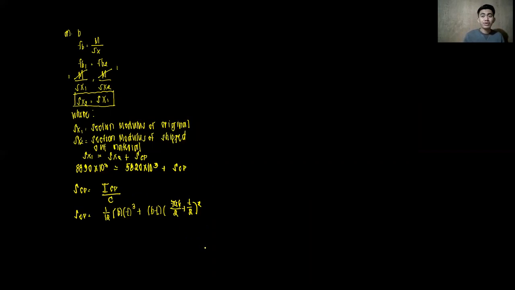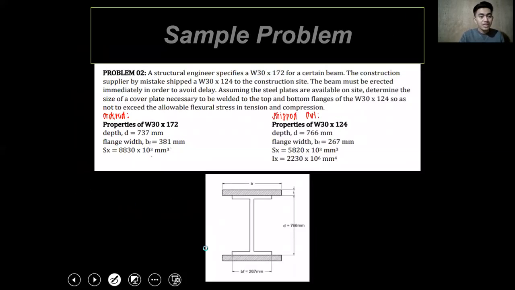Another method to determine the base is to assume. We will be assuming that the base, the flange width or the base of our cover plate, is greater than the flange width here.